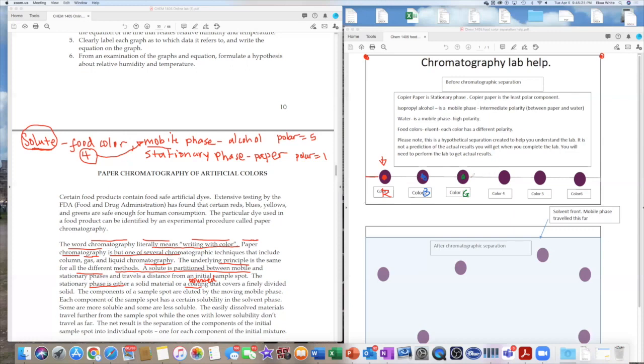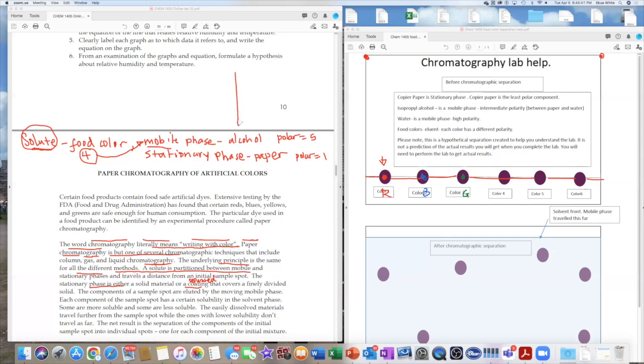Once you allow these to dry, you're going to make sure that you mark the level where you put these dots. You want to mark the starting point so we can figure out how far these spots are going to move. Then, of course, you're going to place this rolled up piece of paper with your color spots in a beaker.